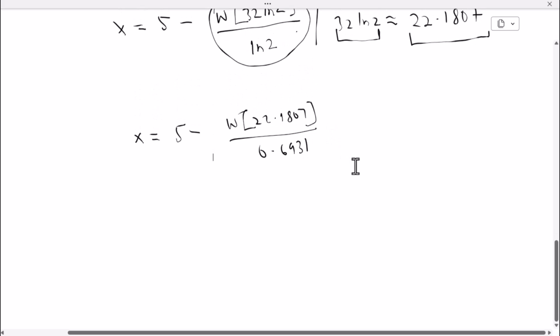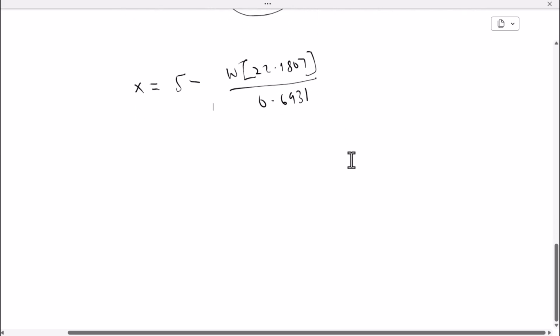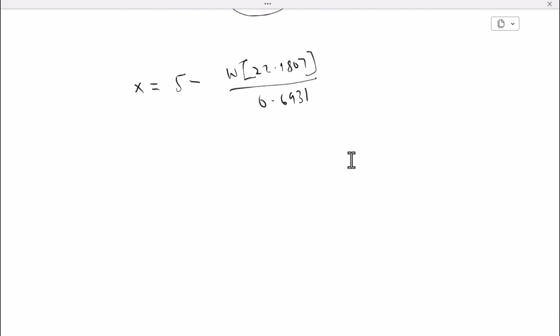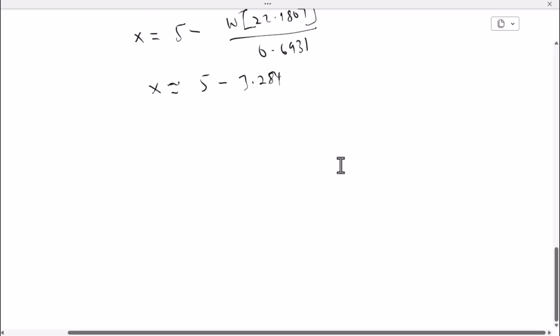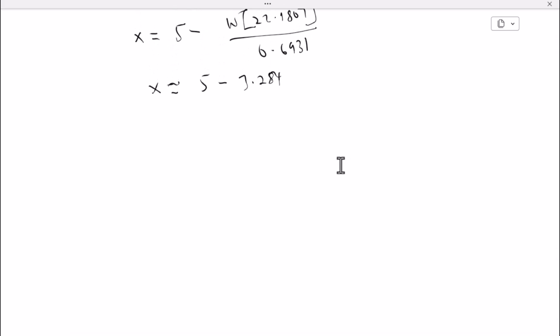And when you compute all of that, that's going to give you an approximate value of x of 5 minus 3.284. So when you compute all of that, you're going to have x to be approximately equal to 1.716.